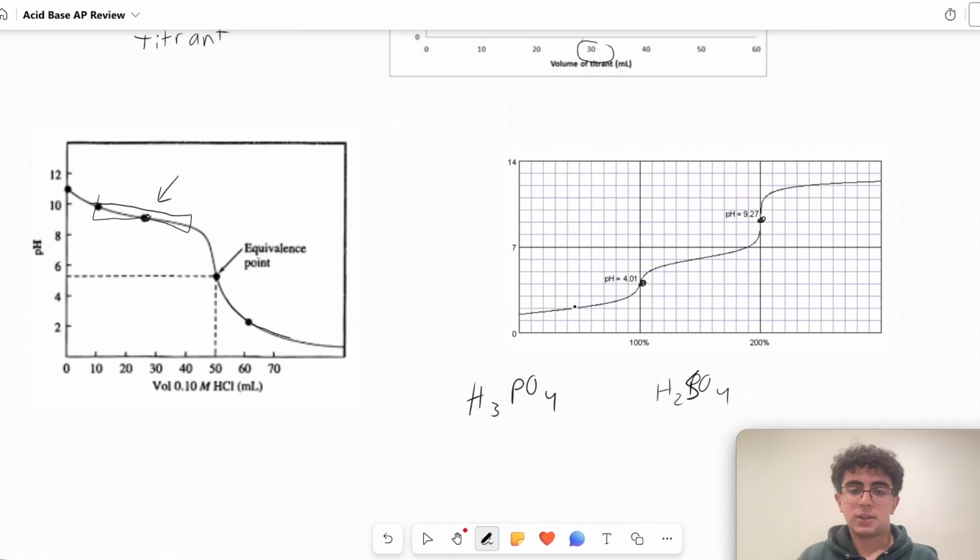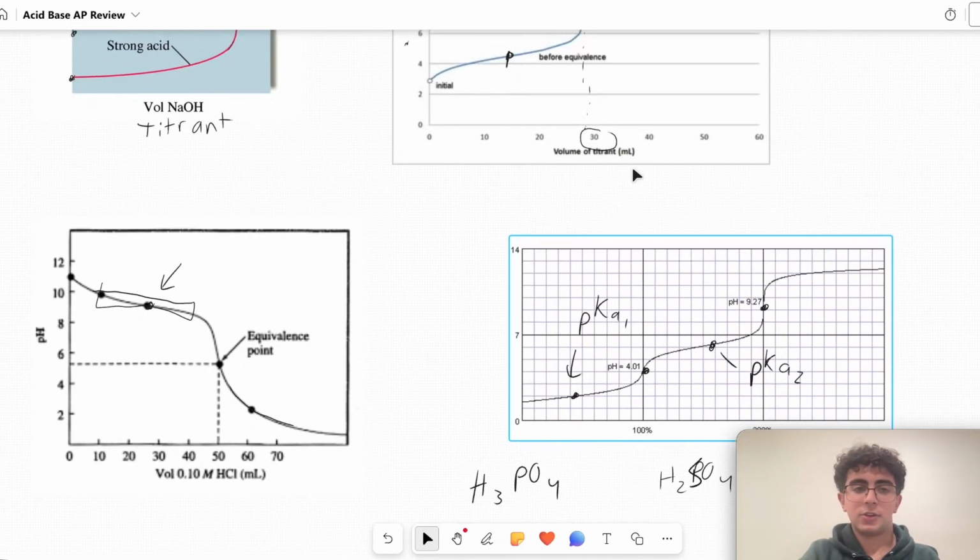And then I could say that here, this is the first half equivalence point, and it's going to be equal to pKa1. And then here's the second half equivalence point, and I could say the pH here is pKa2. And that's how a polyprotic acid would look.